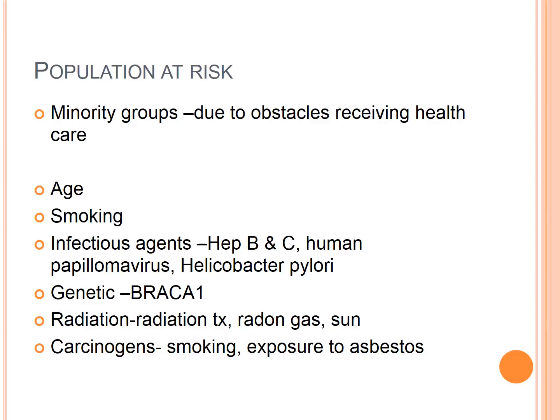That could be primary smoking or secondhand smoking, exposure to asbestos, and there are also other chemicals too, things like alkylating agents like formaldehyde and benzene, which is in gasoline. These sort of things, if you're exposed to them over a period of time, put you at higher risk for abnormal cell replication.